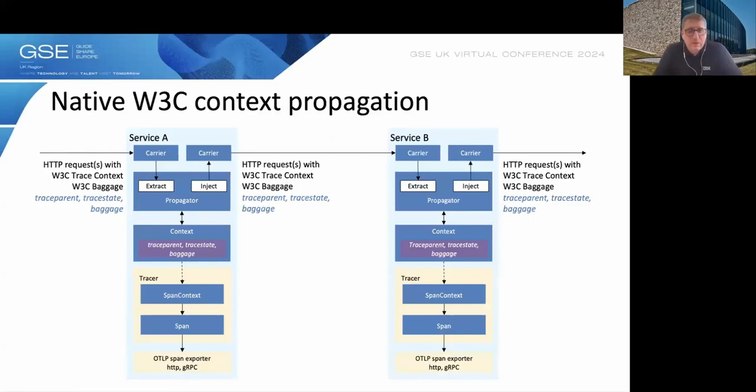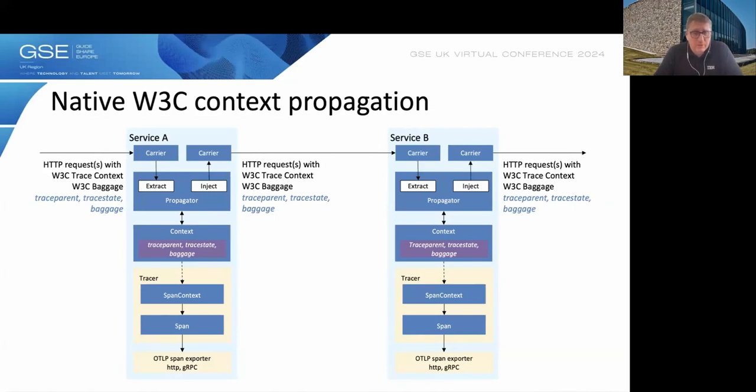When we look at how that works, we are building on the aspect that context is associated and attached to the requests as they are traveling through the different services. Here in this screen, we have an example with an HTTP request that is coming in.